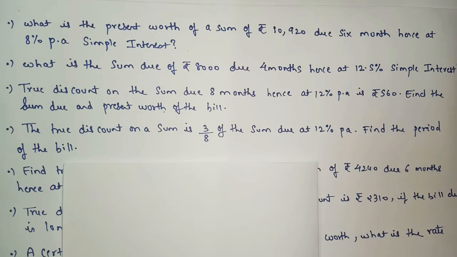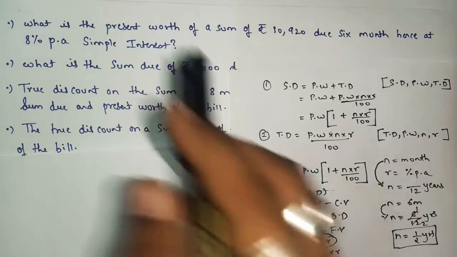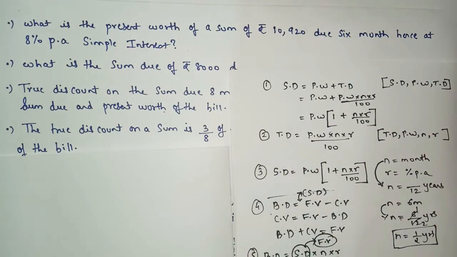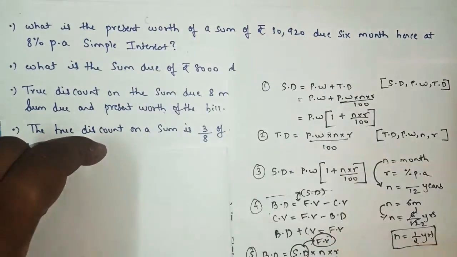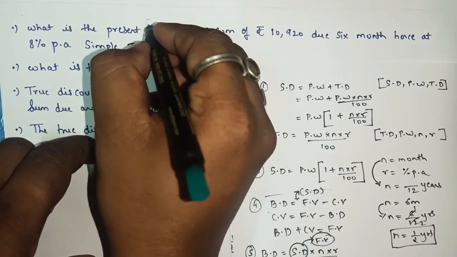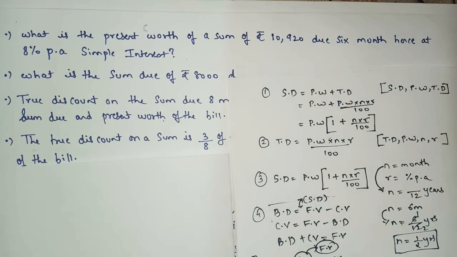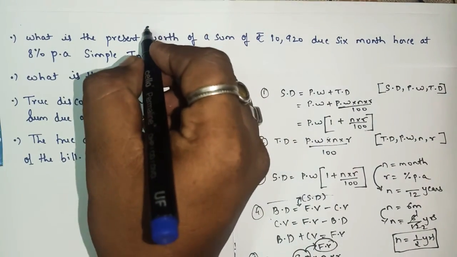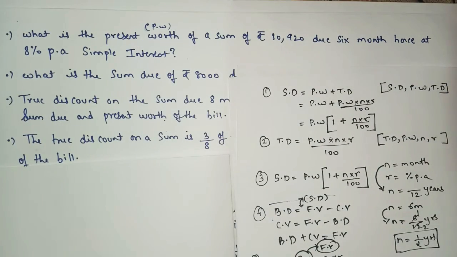It says present worth, so that means we have to find PW, yes or no?